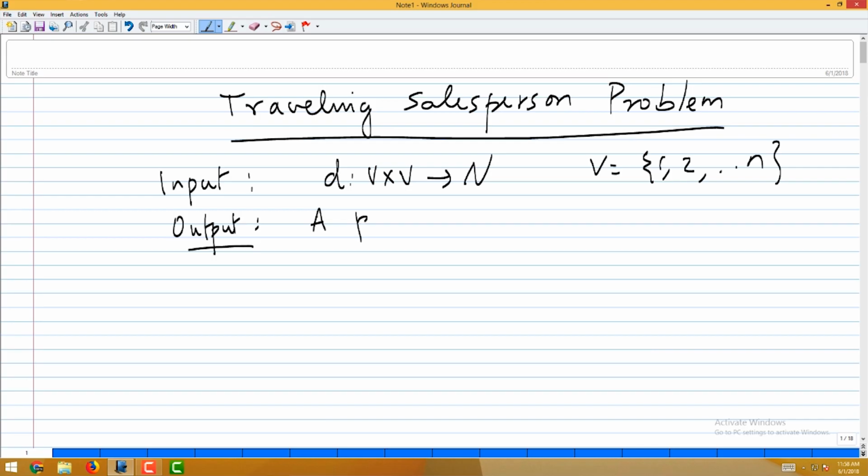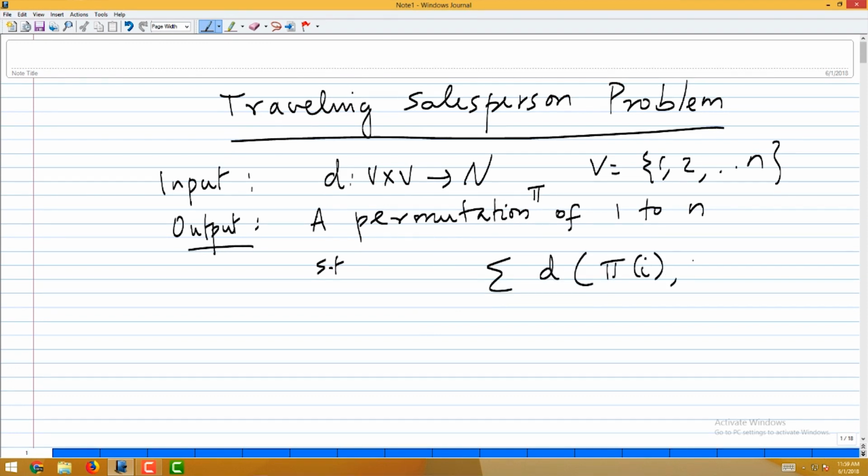And the output is a permutation such that the summation, i equal to 1 to n, of the distance between consecutive vertices, so this is i plus 1 mod n.